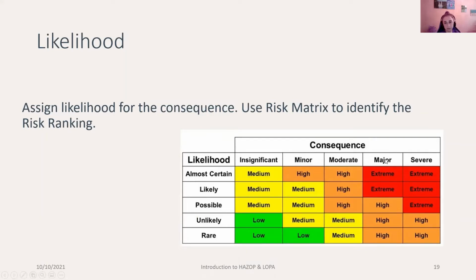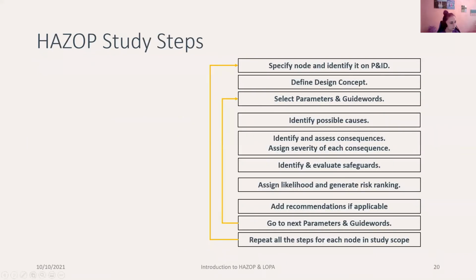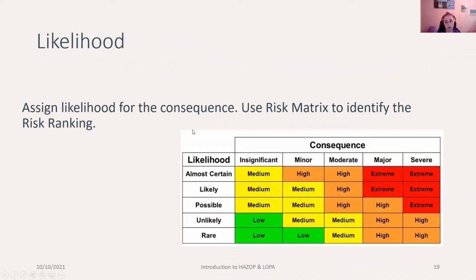Insignificant, minor, moderate, major, severe. Moderate, in some companies, in their specific procedures, will identify that moderate can, for example, lead to injury or death of one person, who could be nearby that vessel, for example.